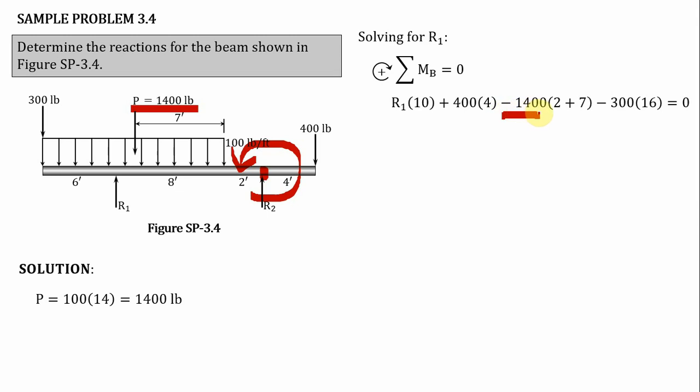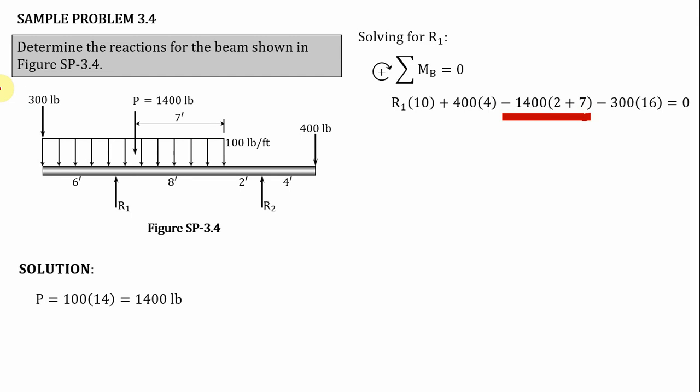So that's why minus 1,400 pounds, times the moment arm. This is its moment arm, which is 7 feet plus 2 feet, that is 9. So that's why minus 1,400 times 9.